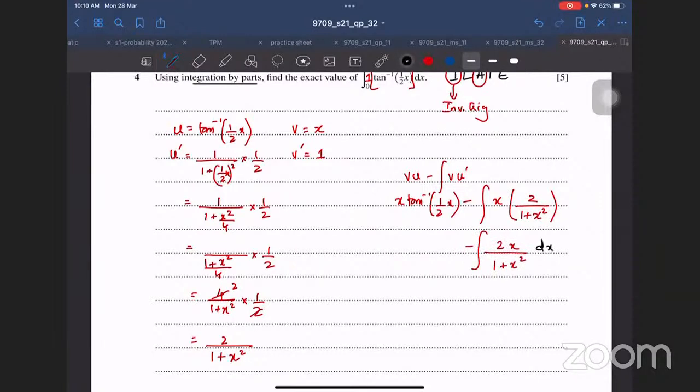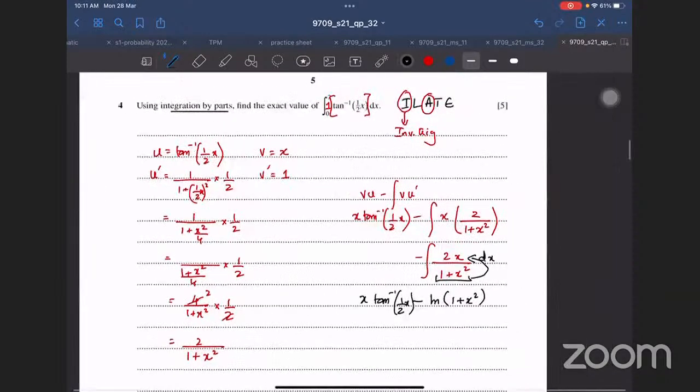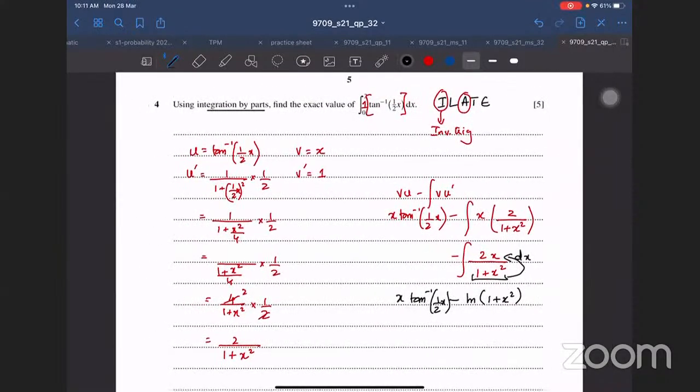This becomes a question on integration by recognition. I see the differential of the denominator is appearing in the numerator. So I can directly say that this is going to become ln(1 plus x squared). Okay. I now need to plug in the limits from 0 to 2.